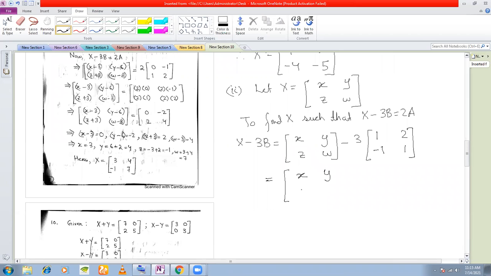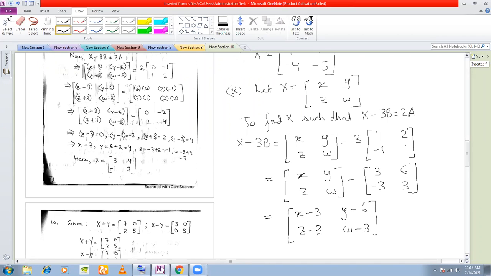So let us find X minus 3B. X, Y, Z, W. Multiply this scalar with this matrix: 3 into 1, 3 into 2, 3 into minus 1, 3 into 1. And now subtract these two matrices. You get X minus 3 here, you get Y minus 6 here, you get Z minus 3 here, and you get W minus 3.